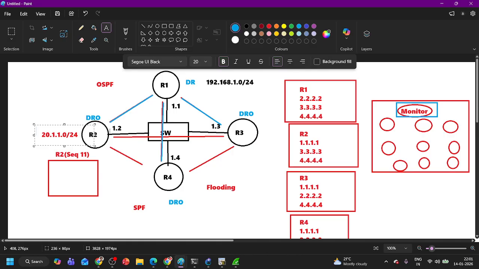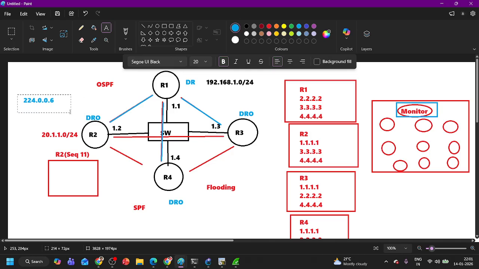Actually, you know now what happens. Now whenever there will be any change, the router is going to send an update message on 224.0.0.6. And who is listening on this address? Only DR and BDR. Router 4 will discard the update message. Router 3 will also discard this update message, because these routers are only listening on 224.0.0.5, right?